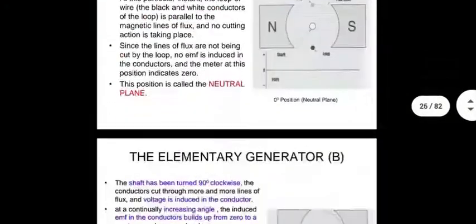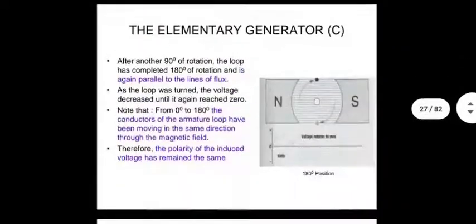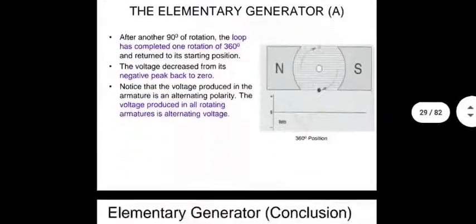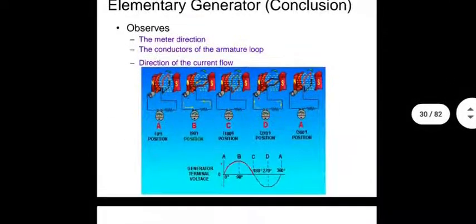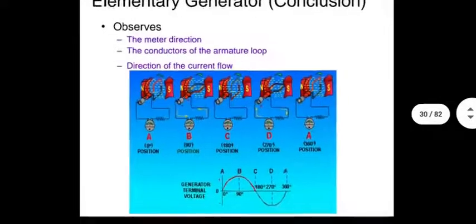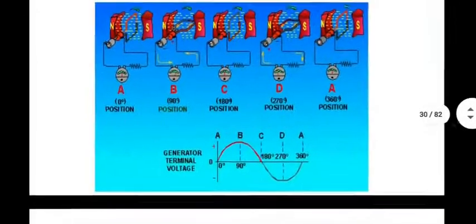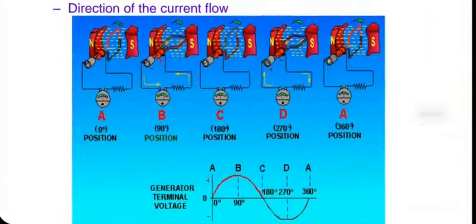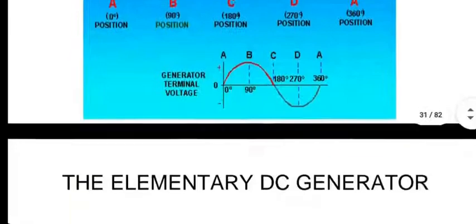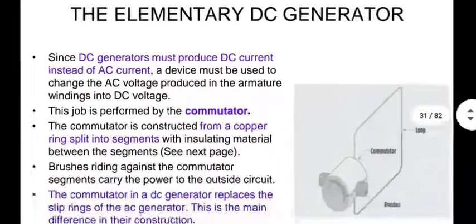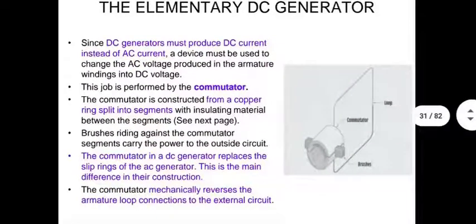You know all these rules quite well. The nature of EMF produced is sinusoidal, and commutator makes it a unipolar signal. And then we use a large number of conductors to further smoothen the waveform, which I discussed last time as well.